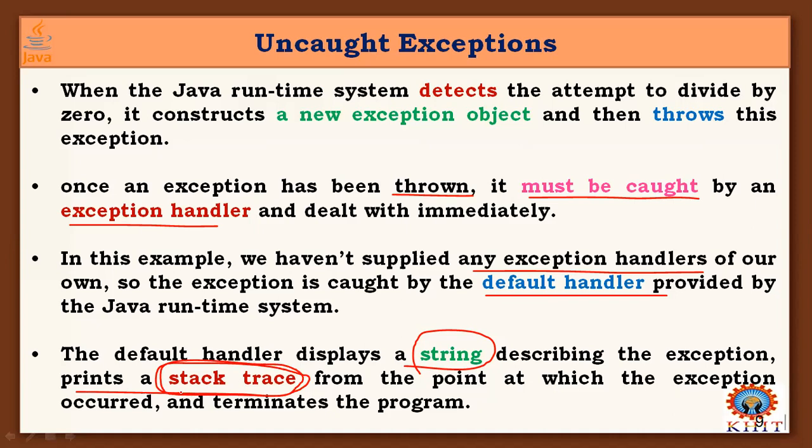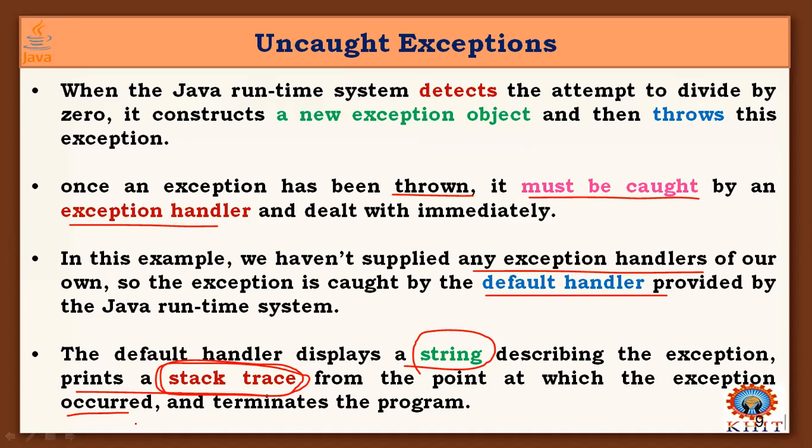Stack trace. From the point at which the exception occurred, it prints the stack trace, and we know the stack concept very well from the data structure course of the first semester. The stack is used to hold the runtime execution control flow.